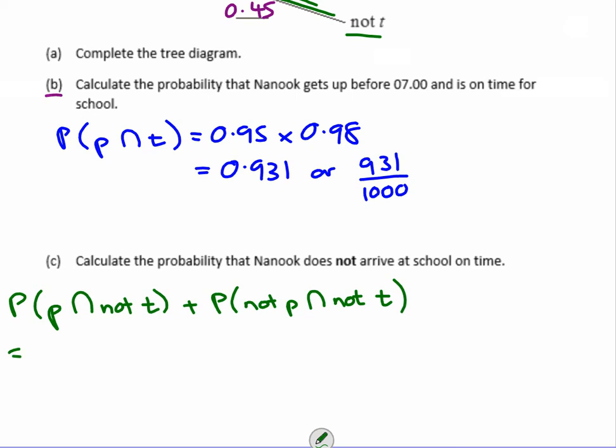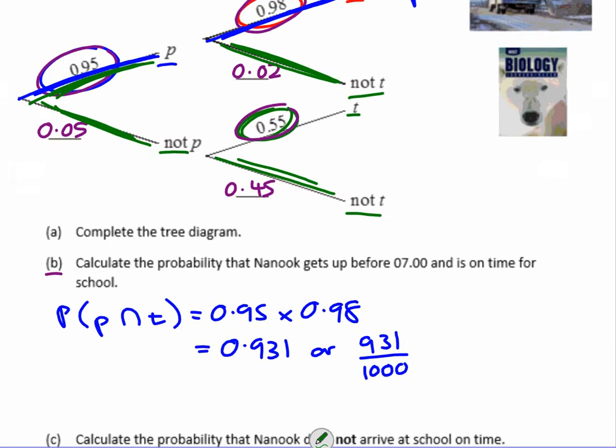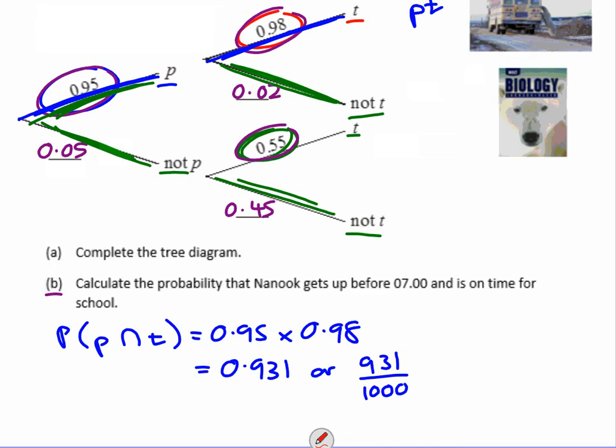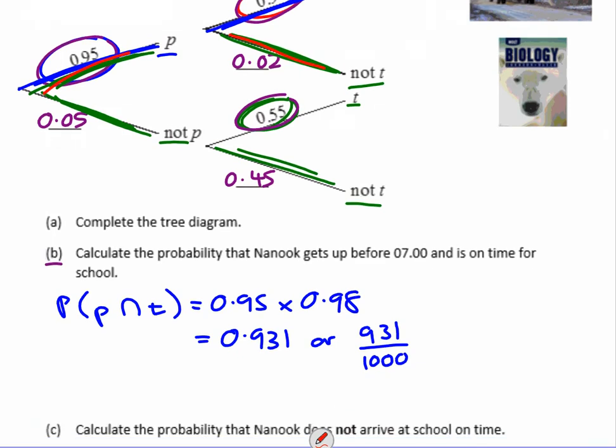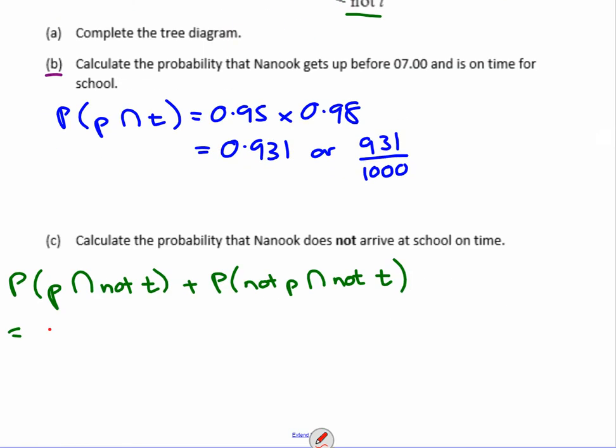From the tree diagram, the first set of branches is that one by that one. So 0.95 times 0.02. That's the first one. And notice in the first video he puts brackets around it like this, but I tend not to, I just underline.